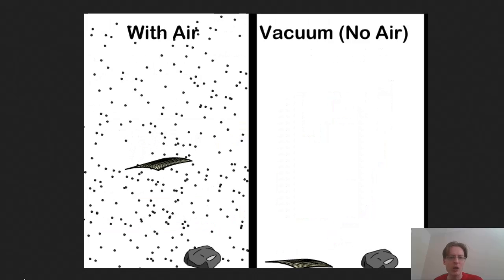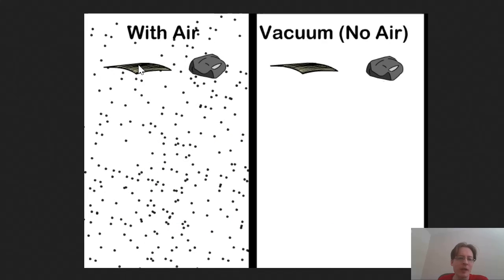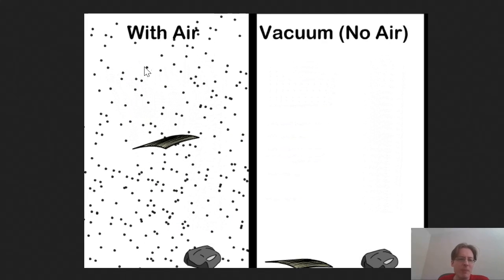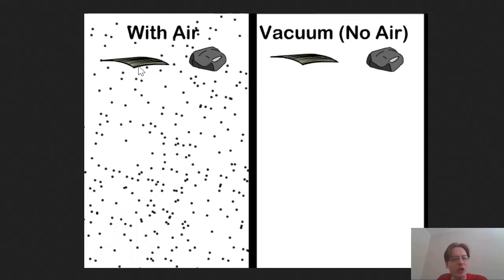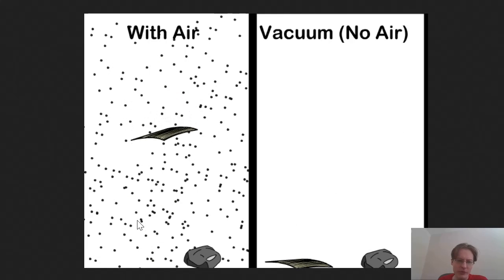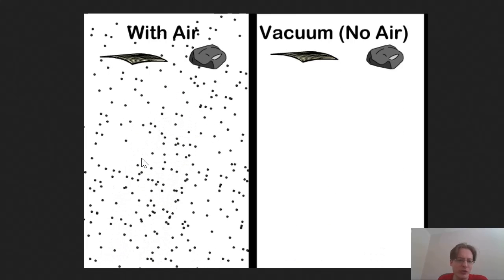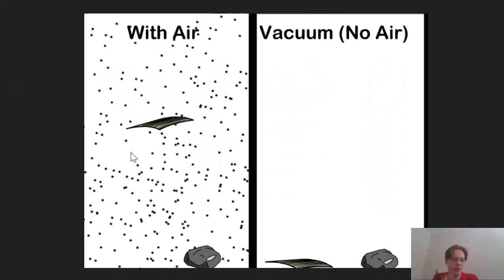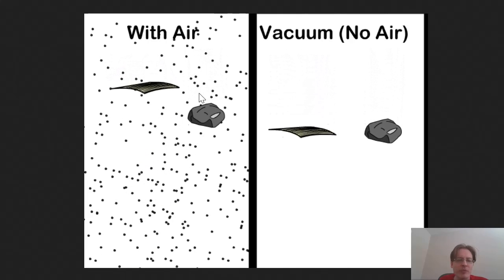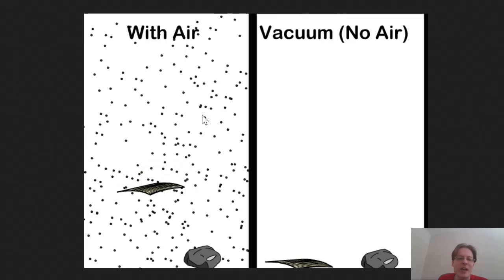Picture might help. Here's a piece of paper falling through the air. The paper, as it drops, actually collides with the air molecules, and those collisions help support the paper as it falls. Now, the rock hits the same air molecules, but the rock weighs so much that the little force of those collisions doesn't have much effect.